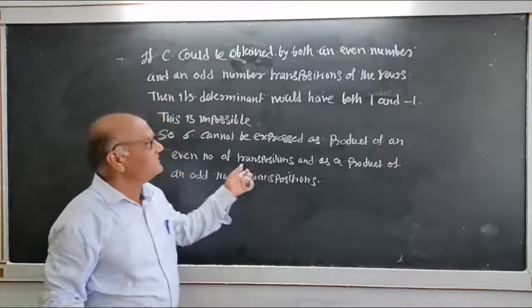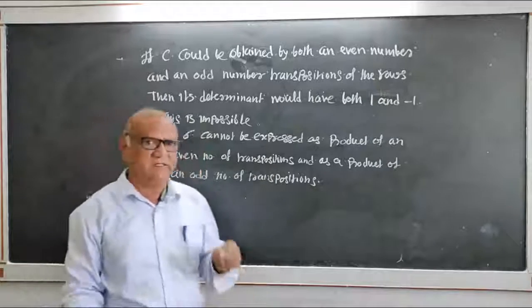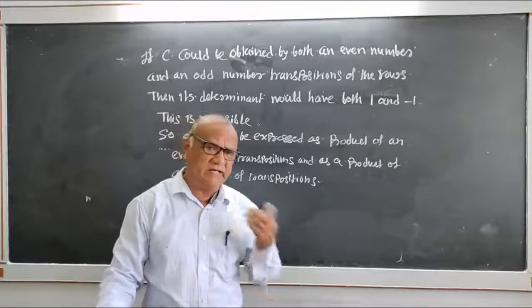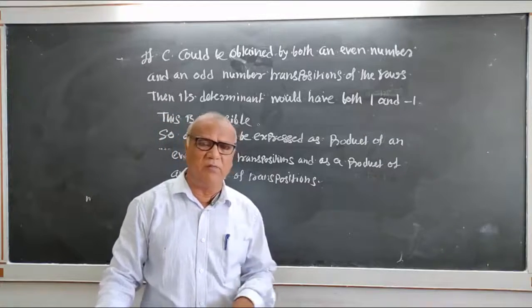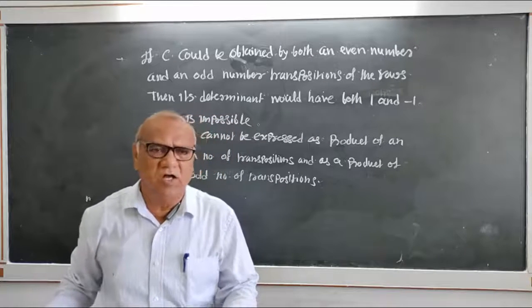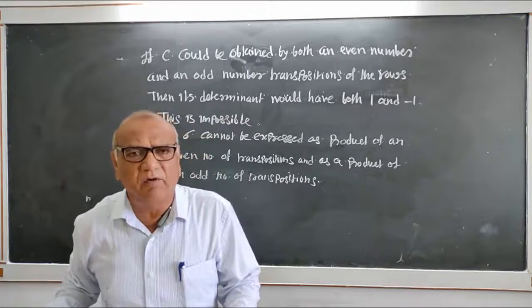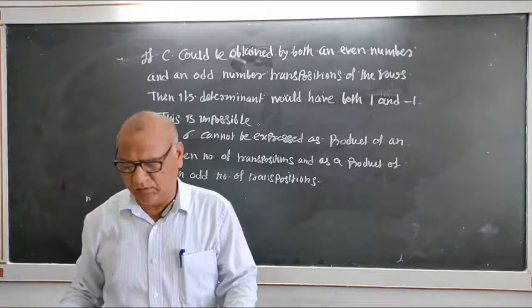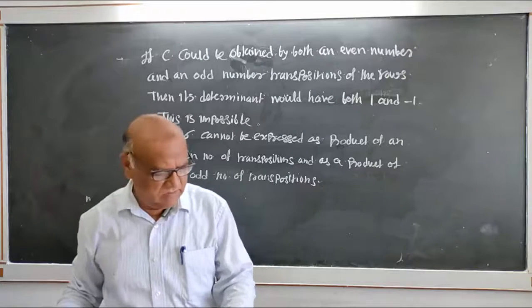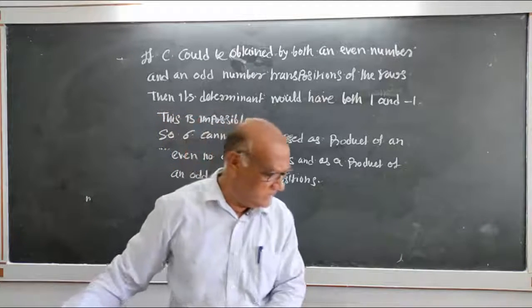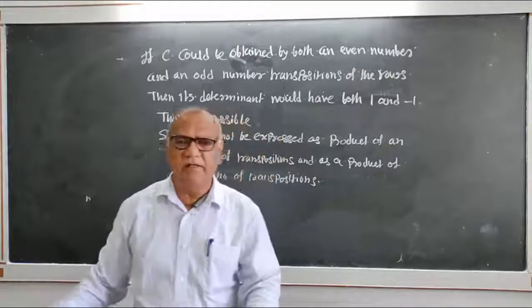Okay, that means each permutation can be expressed as either an odd number of transpositions or an even number of transpositions. Okay, we'll stop here. Thank you.